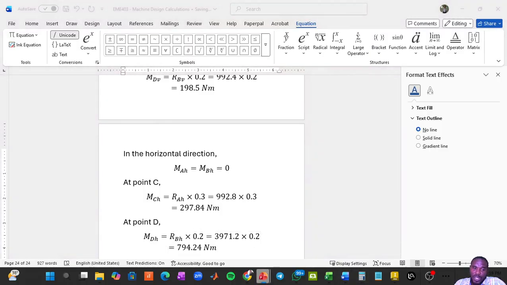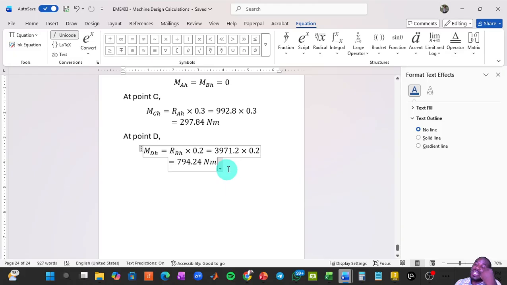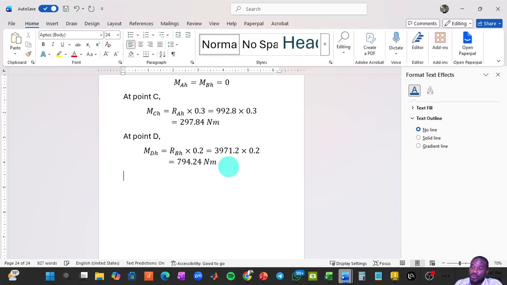Now the question is this: what then will be the bending moment at point C, and what will be the bending moment at point D? Between the two of them, one will have the highest value. That's the value that we will take and put in our equation to find the diameter.